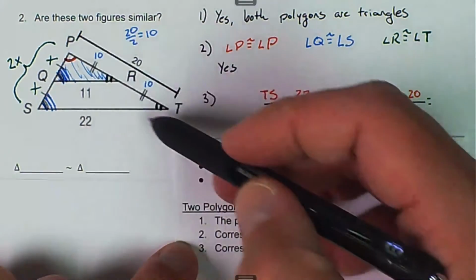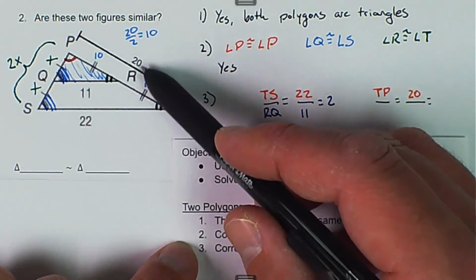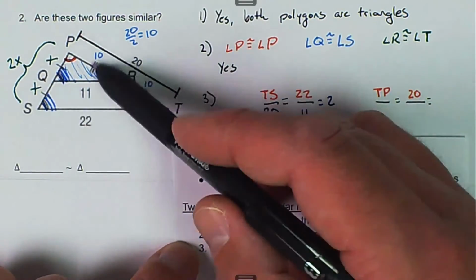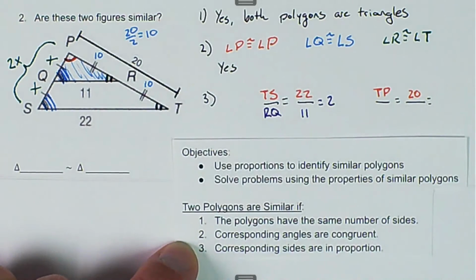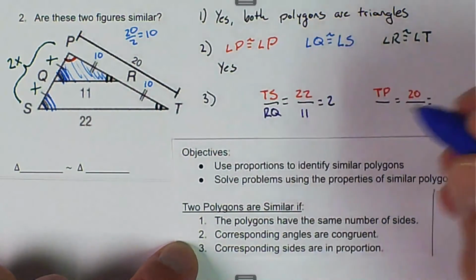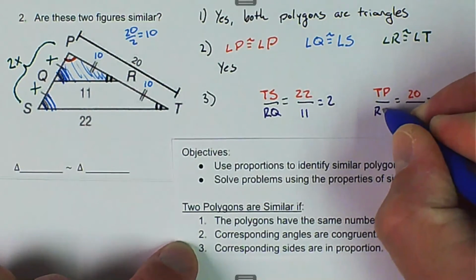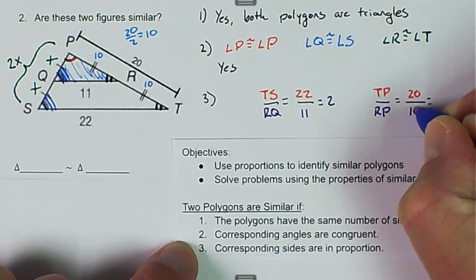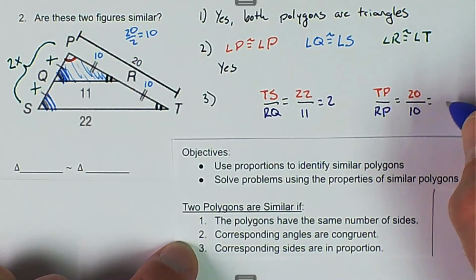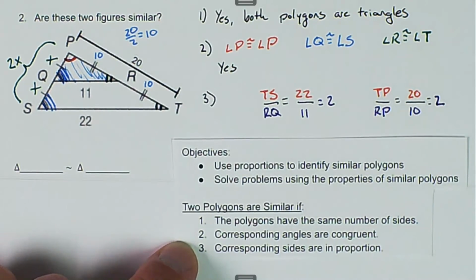So TP is 20. 20 is the second biggest side, so what's the second biggest side of the small triangle? It's going to be 10, and that is going to be RP. 20 divided by 10 is also going to be equal to 2. So far so good. We just have one more to check, and that's the variable side.